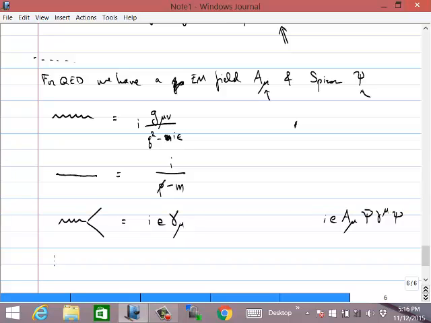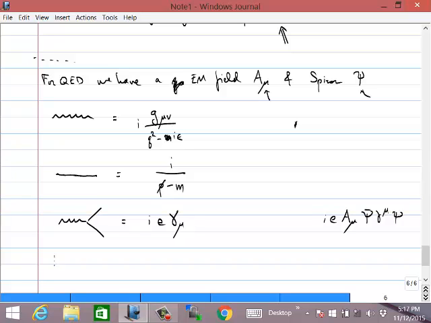I hadn't decided how much time to spend next week. What I don't want to do is just repeat that derivation, because it would be almost identical for spinor and vector theories. There are a couple of important distinctions that we will have to go through and understand.